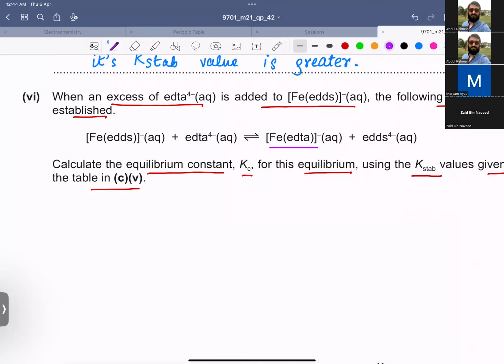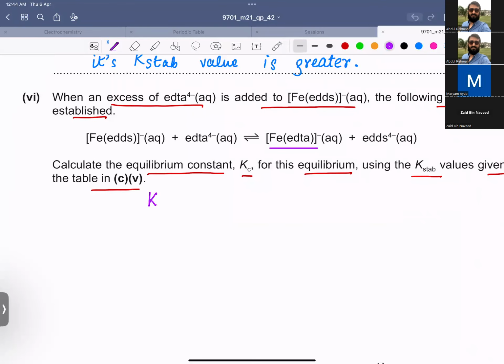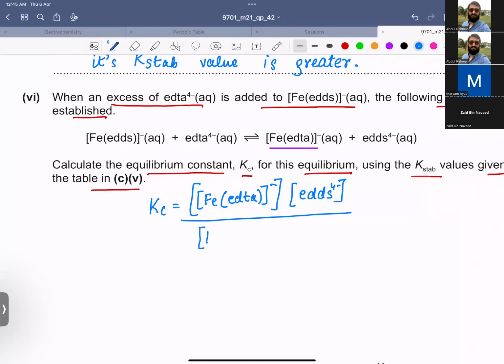If I write the Kc expression over here, the Kc expression would be FeEDTA into concentration of EDDS4 negative, divided by concentration of FeEDDS negative into concentration of EDTA4 negative.